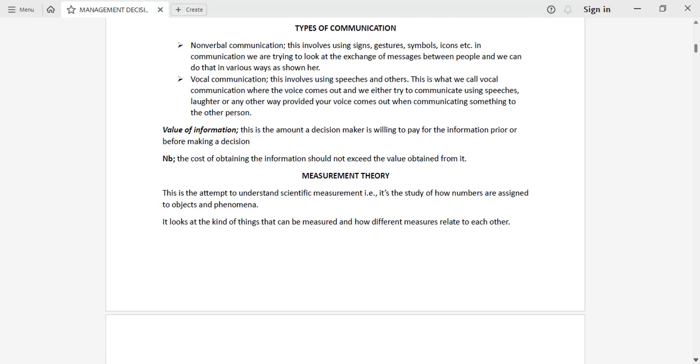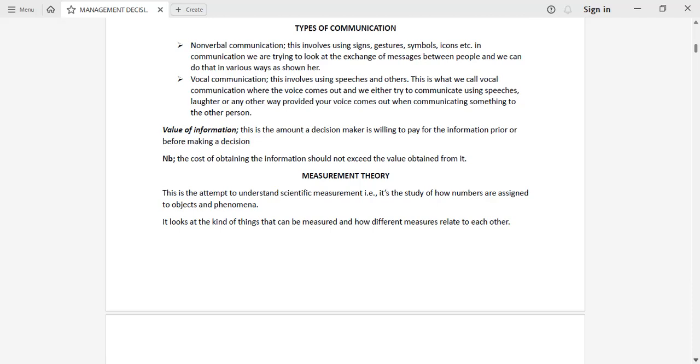How much are you willing to pay for someone who is going to give you that tender, or the information relating to the contract that you may get? That's basically what we term the value of information.